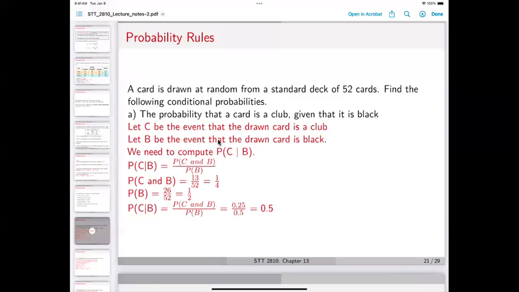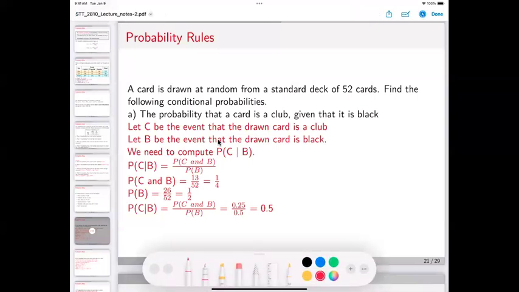To be able to do that, let C be the event that the card drawn is a club, and let B be the event that the card drawn is black. So we've been able to define that.